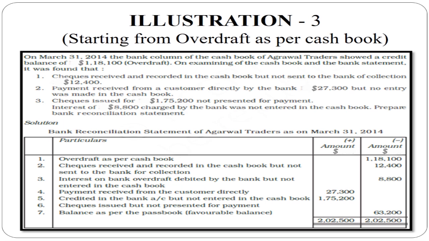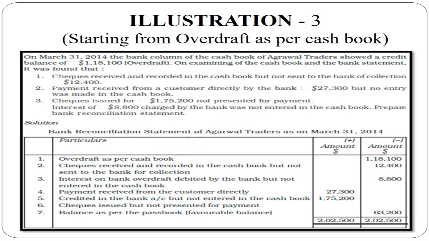The moment we issued these checks, we decreased our balance of cash book by $175,200. But these were not presented for the payment. It means the bank balance remained increased. So, in order to cancel its effect, we will have to increase our cash book balance by $175,200.